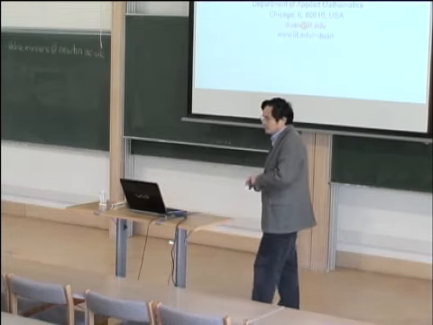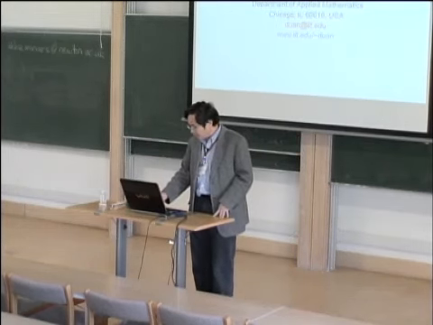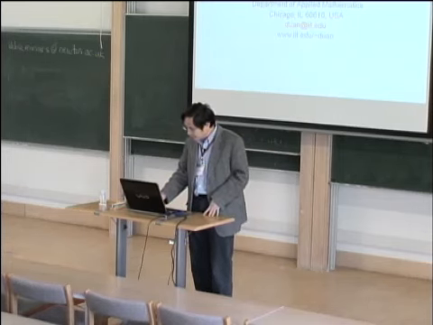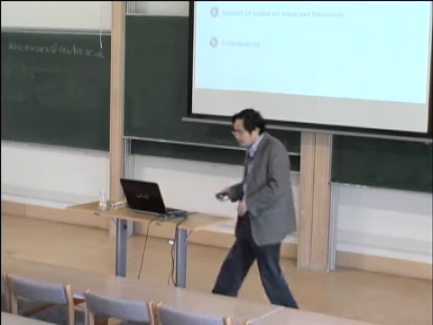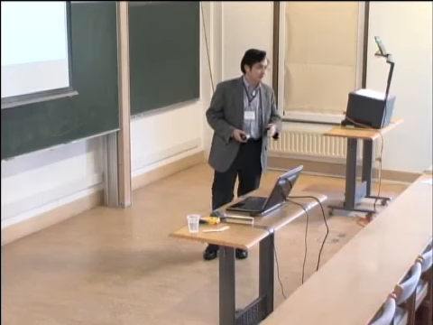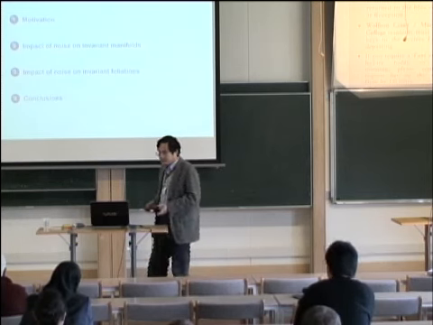So I would like to look at invariant manifolds for stochastic PDEs and how to approximate them when noise is small. I will start with some examples to get motivated, and then I would like to see how small noise makes an impact on invariant sets called invariant manifolds, and also look at the small noise's impact on foliations.